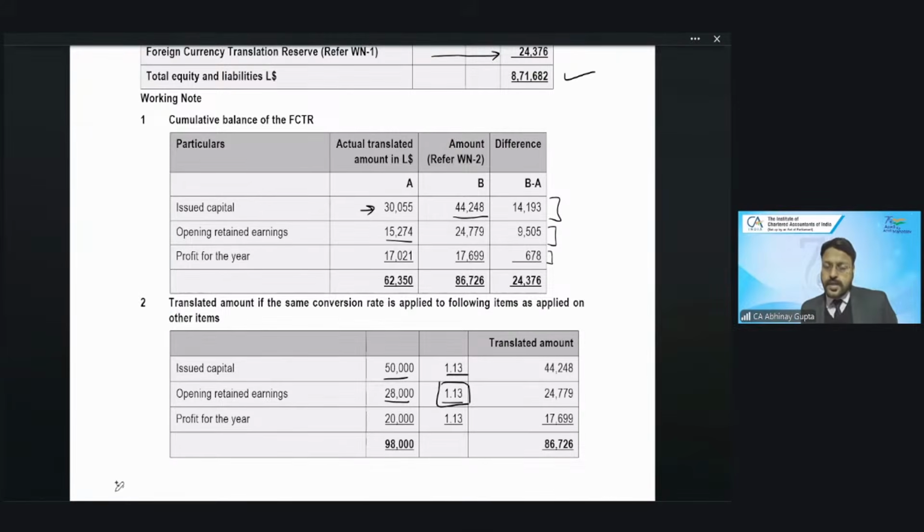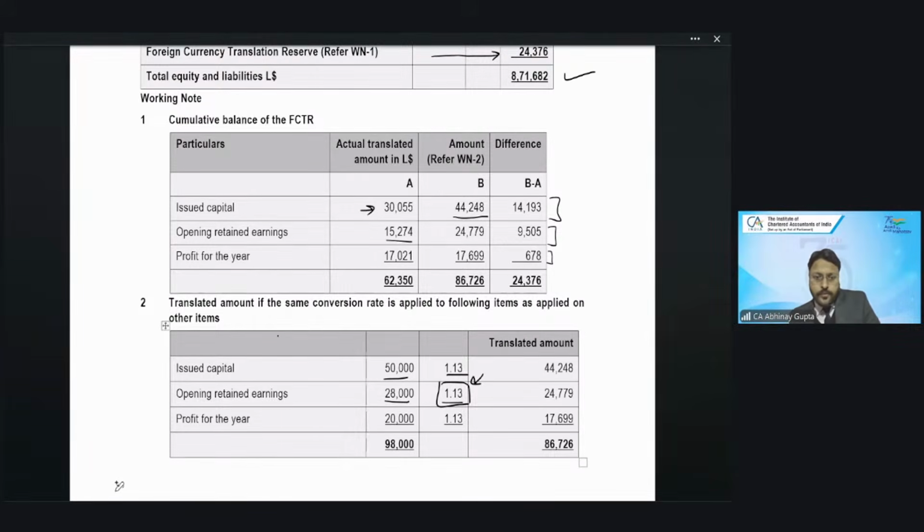Yes, sir. Now, all those asset items are converted at what rate? Closing or opening? Closing date. Closing rate. So if we want to make an apple to apple comparison, at what rate should opening retained earnings also be converted? Then it is a closing date. Closing rate. So that's why we are using the closing rate here, right?